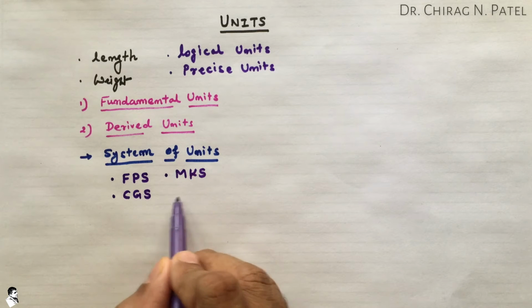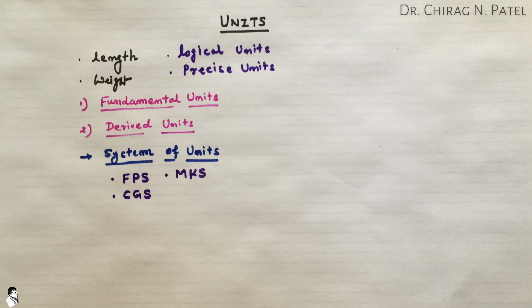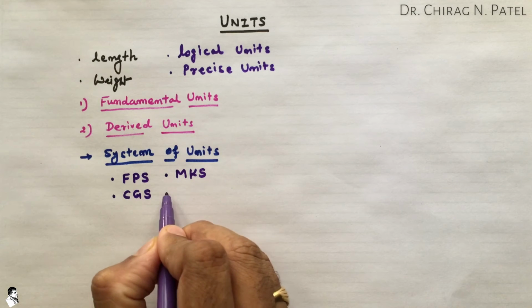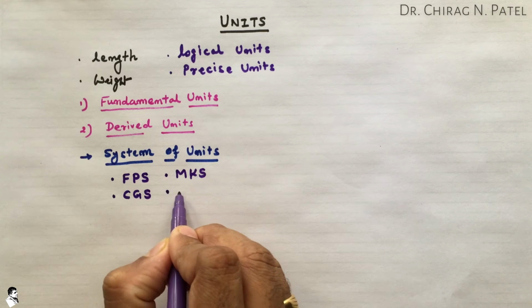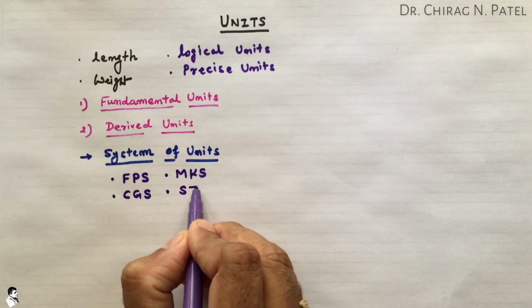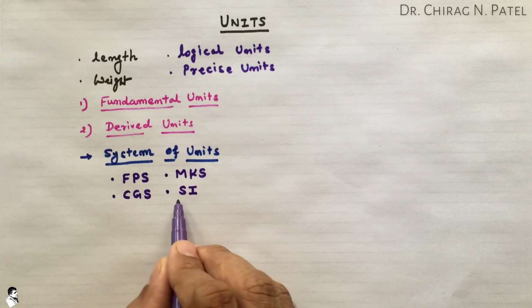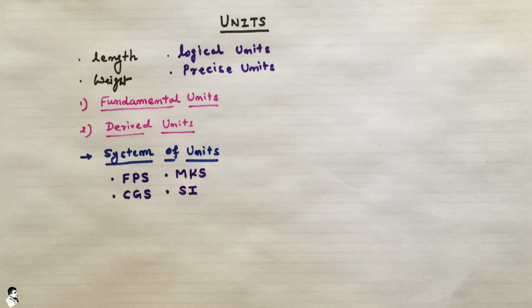Now these three unit systems are generally used, but there is a variation available in the fundamental units. So one more system that is established in an international form is known as the Système International, the SI system of units.